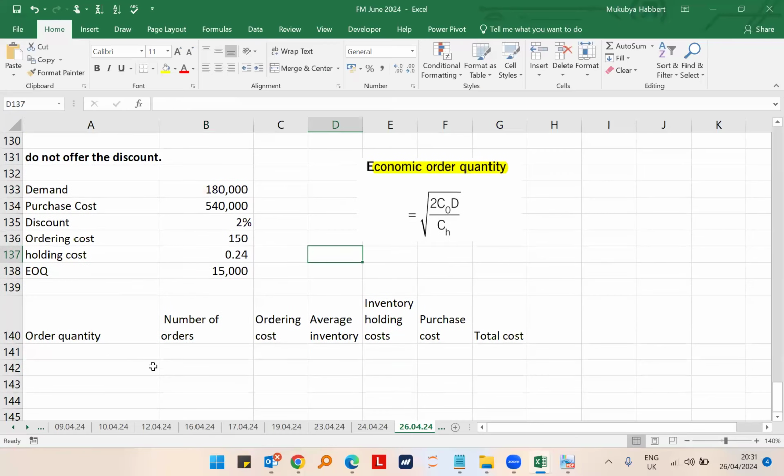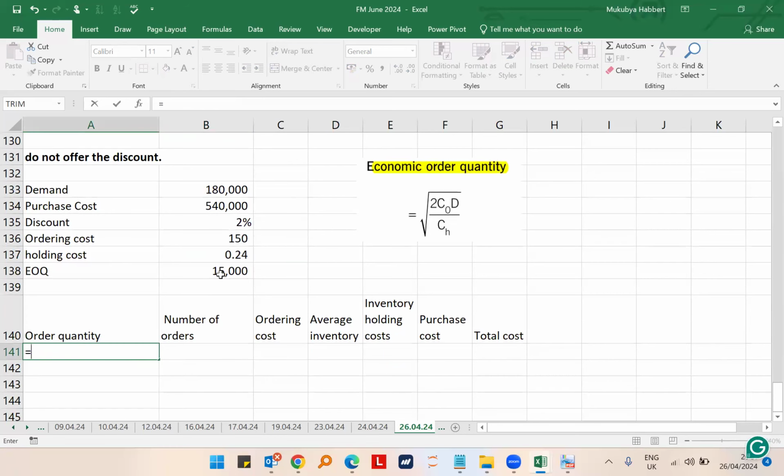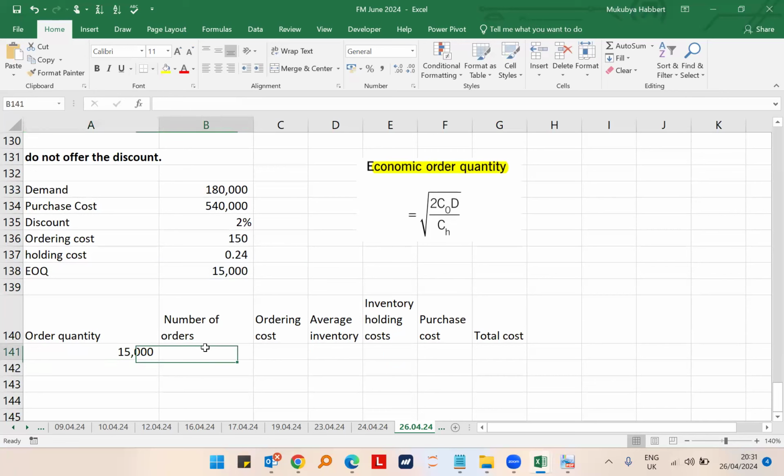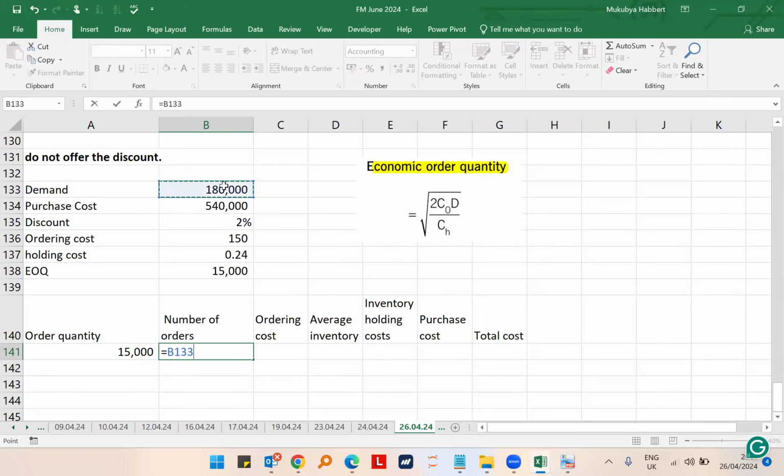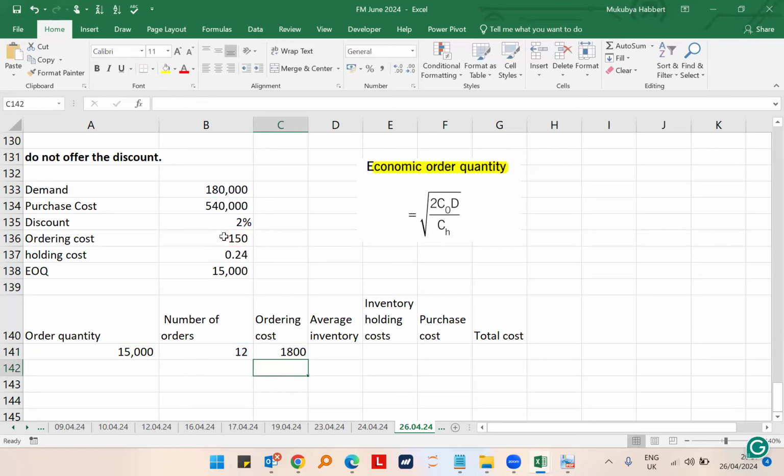So we are going to come here and say if we are ordering at 150, if we are ordering 15,000 units, how many orders do we make? We make 12 orders. The ordering cost is going to be the 12 orders multiplied by the cost of ordering per one, which is 1,800. Now, average inventory is given by this divided by 2.